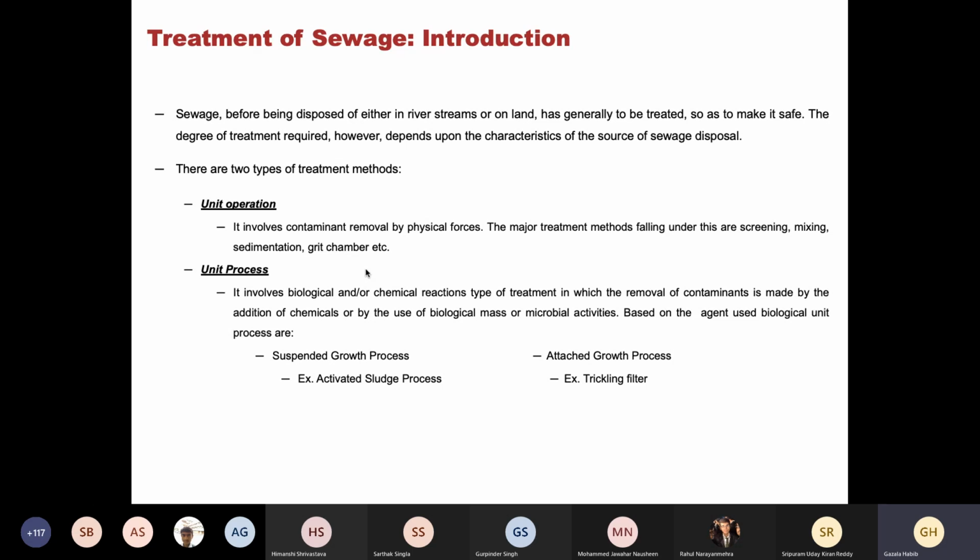Tertiary treatment is generally not used until it is required. As I told you, if we are disposing of sewage in an agricultural field, then tertiary treatment may be required, for example the killing of pathogenic bacteria.